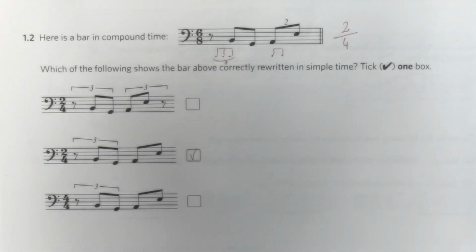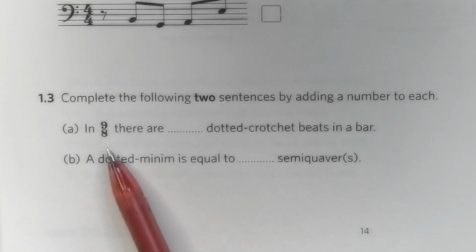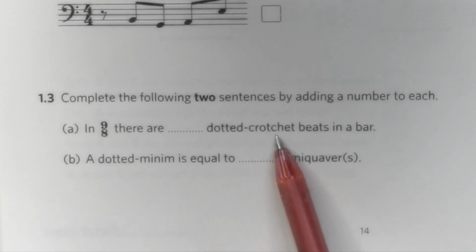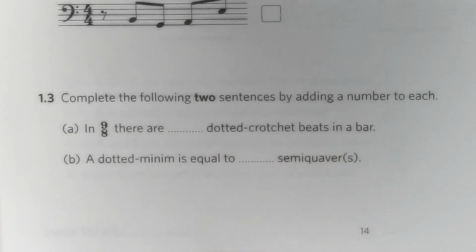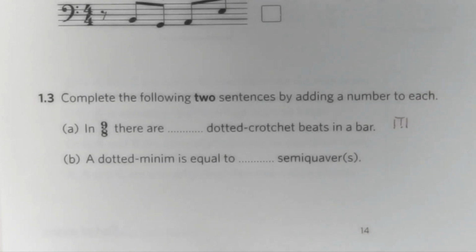Now I go on to the third exercise, and the third exercise asks us to complete the 2 sentences by adding just one number. Let's see, in 9/8 there are X number of dotted crotchet beats in a bar. Okay, dotted crotchets means 3 quavers, okay?